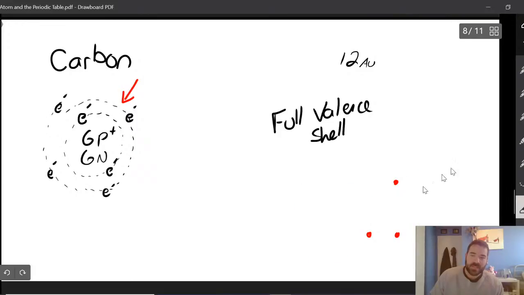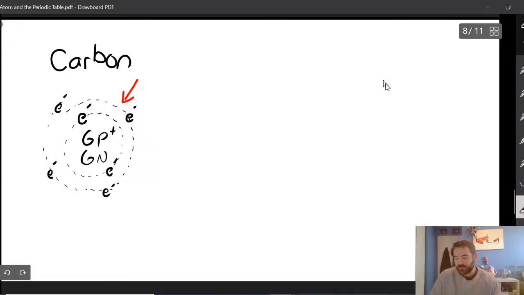What I really want to discuss now is periodic table trends, and specifically we're going to talk about atomic radius, electronegativity, ionization energy, and electron affinity. So let's focus on atomic radius.